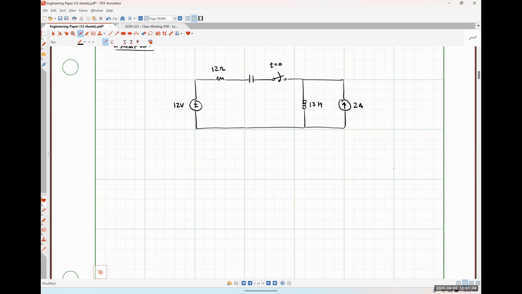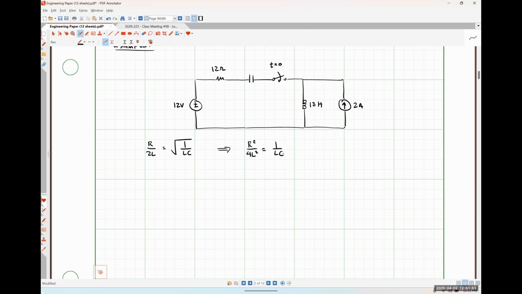So for the series RLC circuit to be critically damped, alpha has to be equal to omega naught, which means that R over 2L has to be equal to the square root of 1 over LC, right? If I square both sides, that gives me R squared over 4L squared equals 1 over LC.